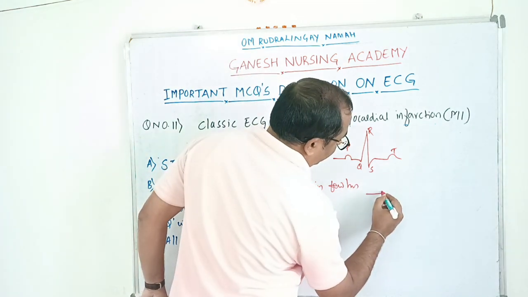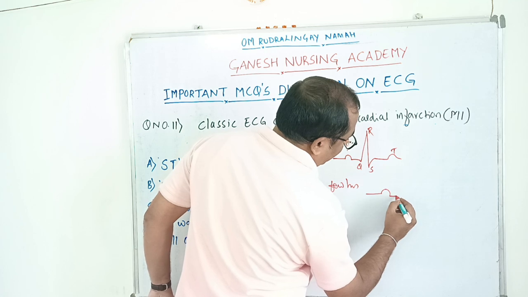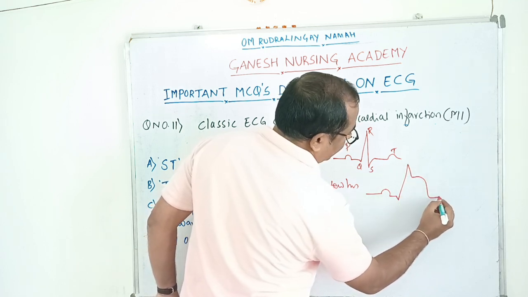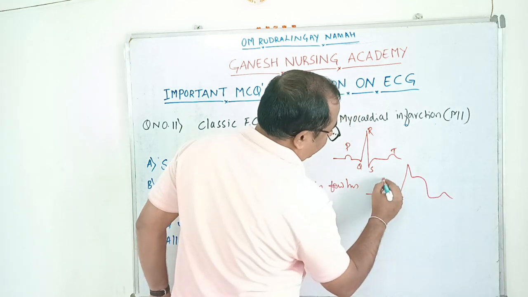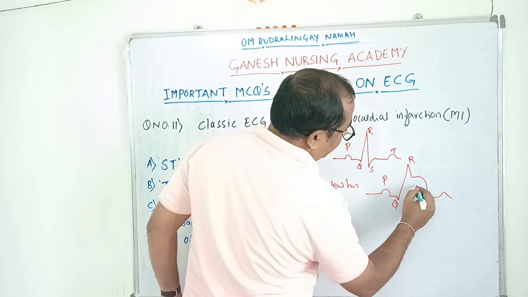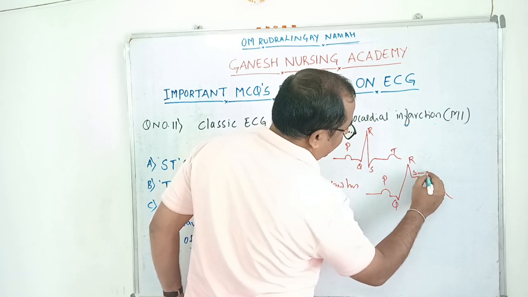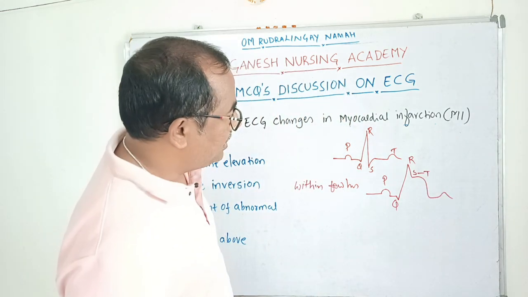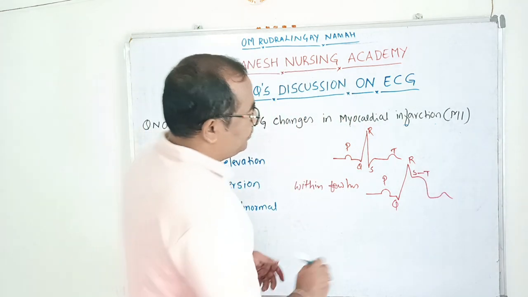There will be a normal P wave, and you can see ST segment elevation. So this is a P wave, Q, R, and ST. See, the S and T wave are elevated here. So the ST segment will be elevated.